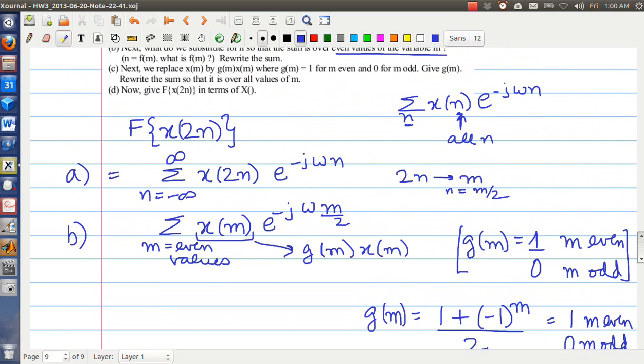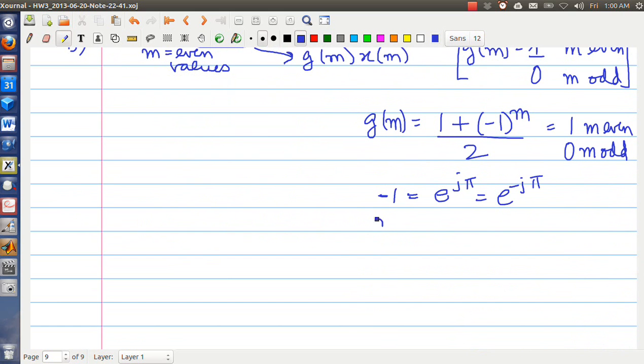So we can write g of m as 1 plus e to the j pi m, over 2.